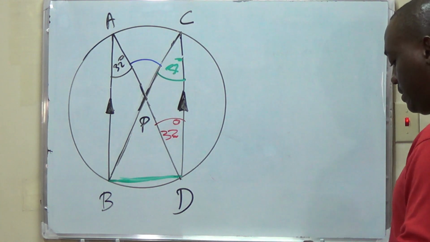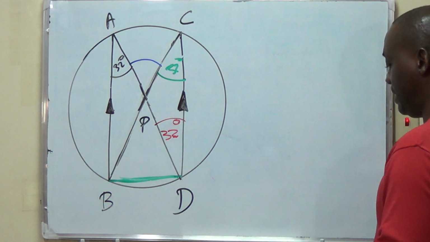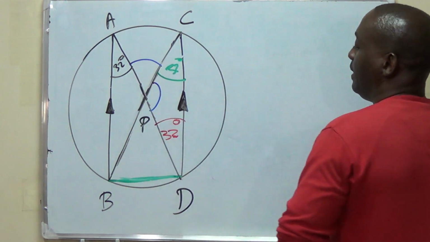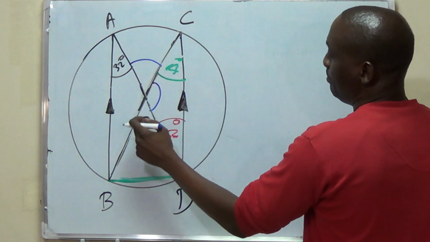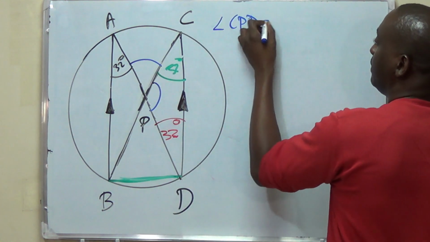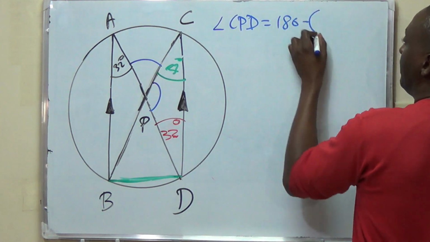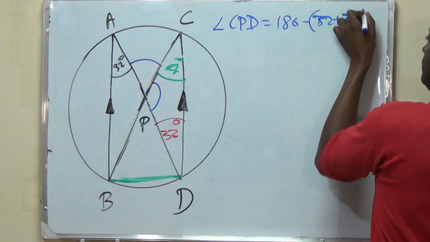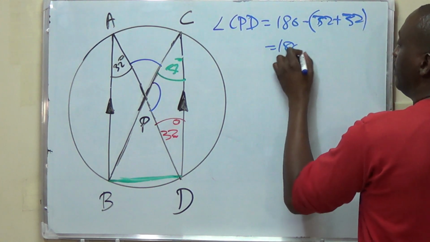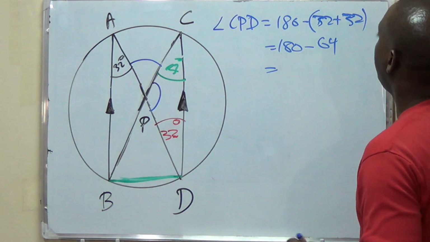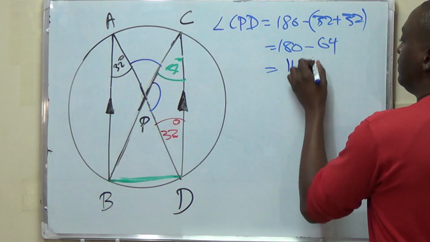So in that case, let us say this little angle here in blue, let us call that angle CPD. So angle CPD will be equal to 180 minus 32 plus 32, which would be 180 minus 64, which would be 116 degrees.